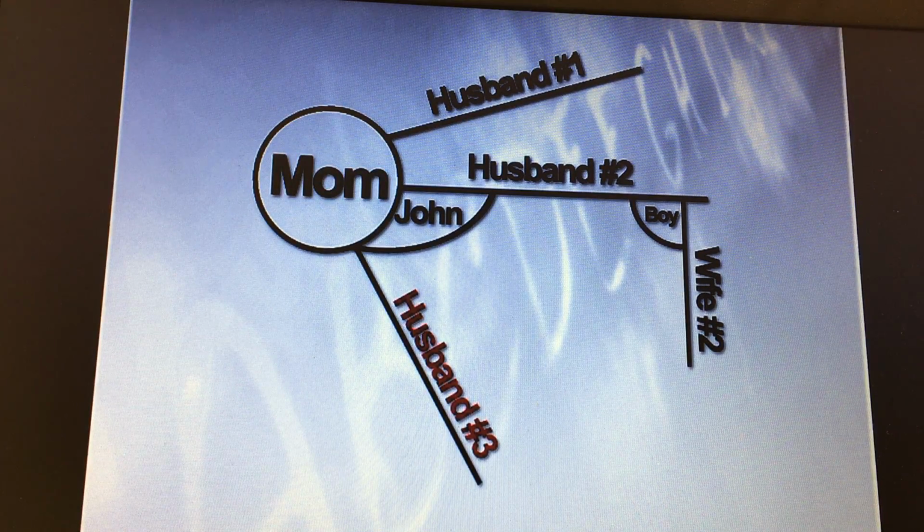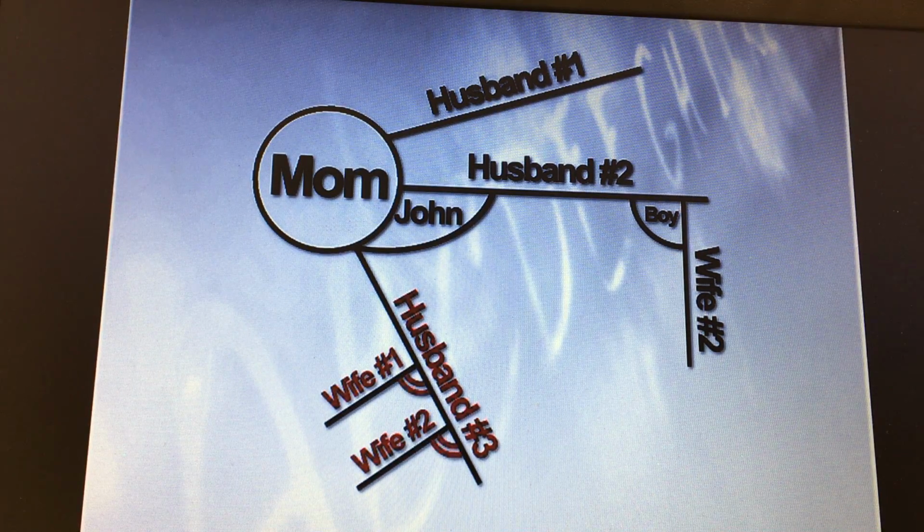He had a lot of girlfriends. He had 2 licensed marriages. If you take 2 lines and draw it along there, those are his wives. He had children by those. And he and mom had a boy together. So at this point in time, John now has 2 siblings. 1 because they share a mother, 1 because they share a father. He's got 2 half siblings and several step siblings.